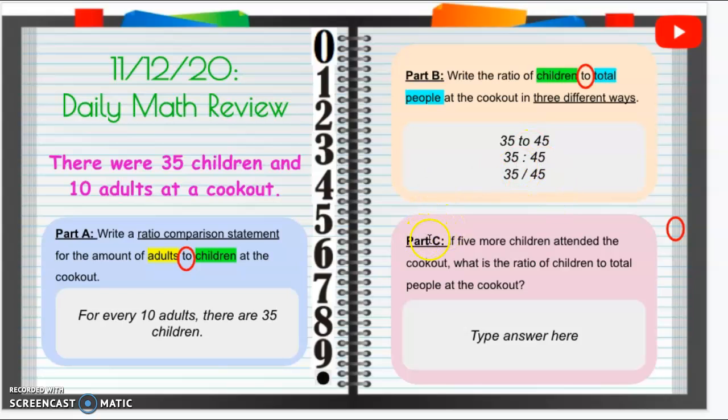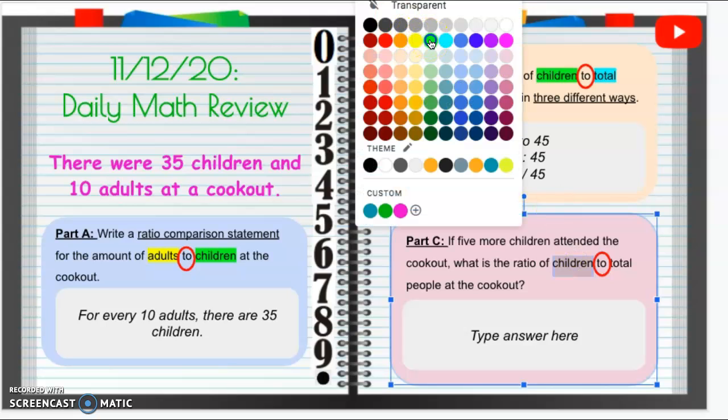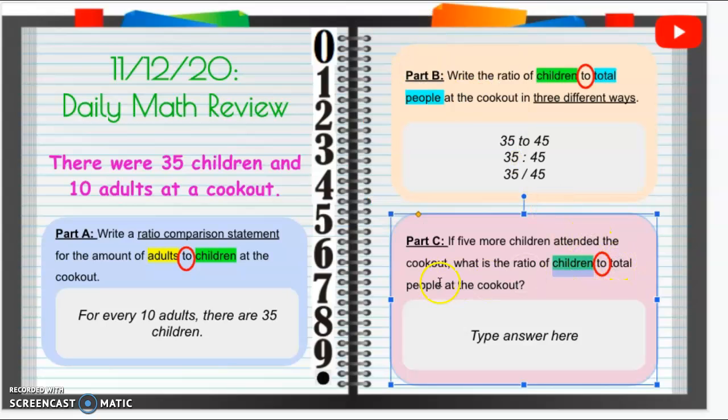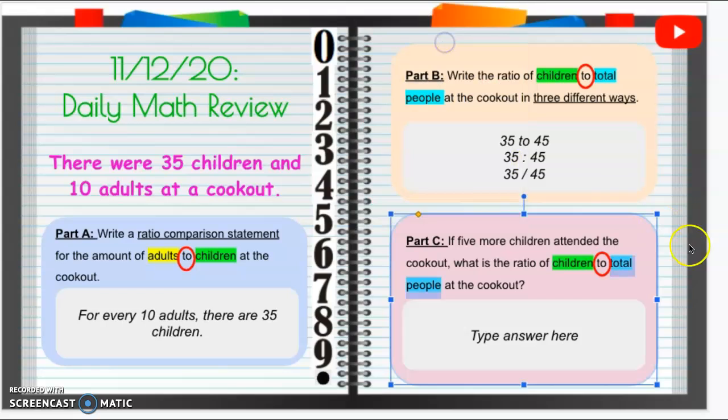Okay, so let's take a look at part C. If 5 more children attend the cookout, what is the ratio of children to total people at the cookout? So ratio of children to the total people. So we just did children to total people, but in this case, we need to figure out what that ratio would be if 5 more children attend.